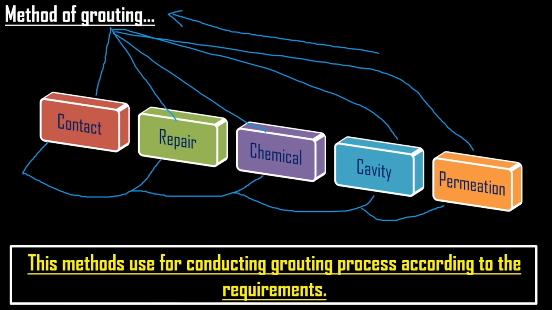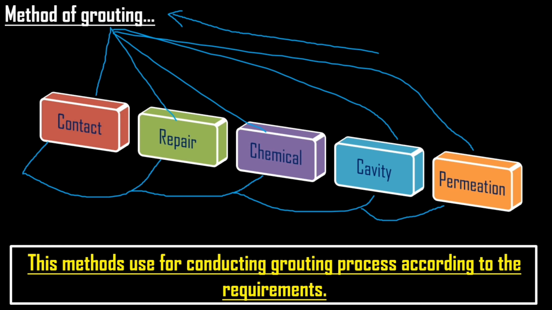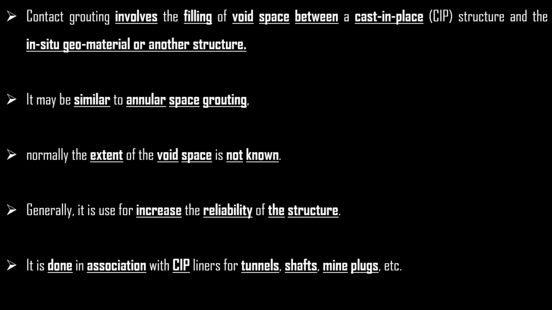These methods for different types of grouting are used according to the requirement. That means we have many types available in grouting, but which types of grouting can be elaborated in the next slide. One example we can establish here is contact grouting. What is the meaning of contact grouting?